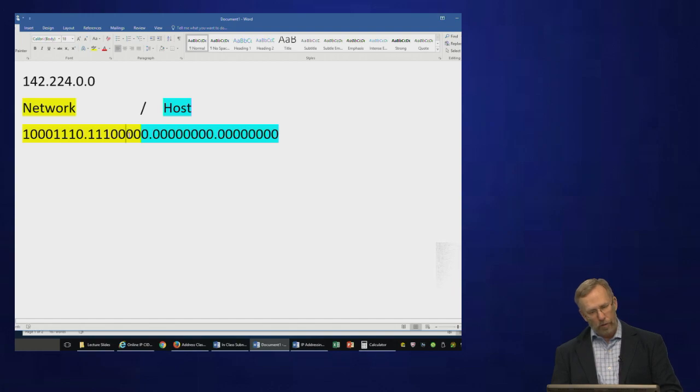And these 2 bits are my subnetting bits. So I'm going to mark them in a different color. Actually, that'll be ugly.